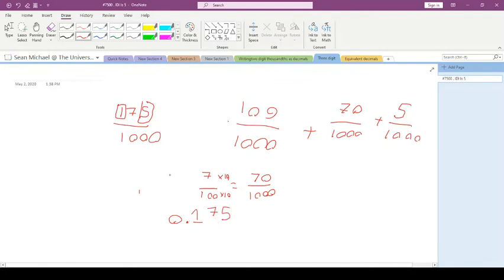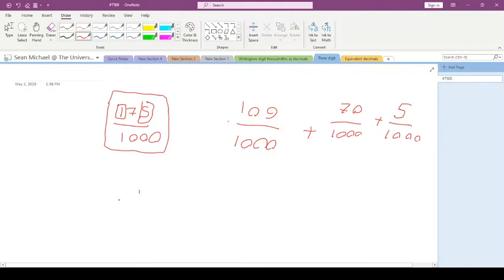Now, that is just to explain how we note this down. In reality, when you see this and you want to convert it into a decimal, all you're going to do is go 0.175, right? Because there's going to be 3 spaces, since it is a thousandth that we're dealing with. We're dealing with 175 thousandths, so that will take up 3 spaces.